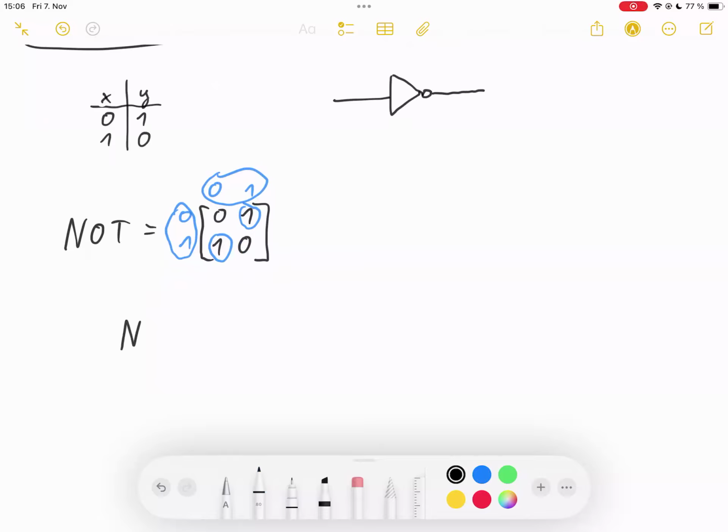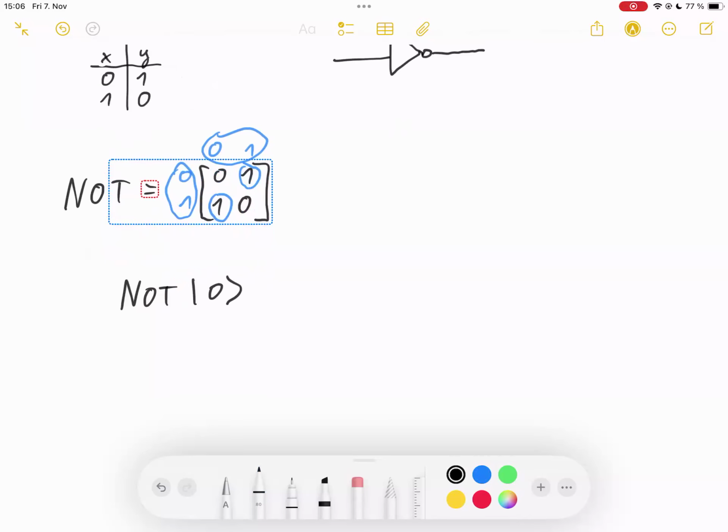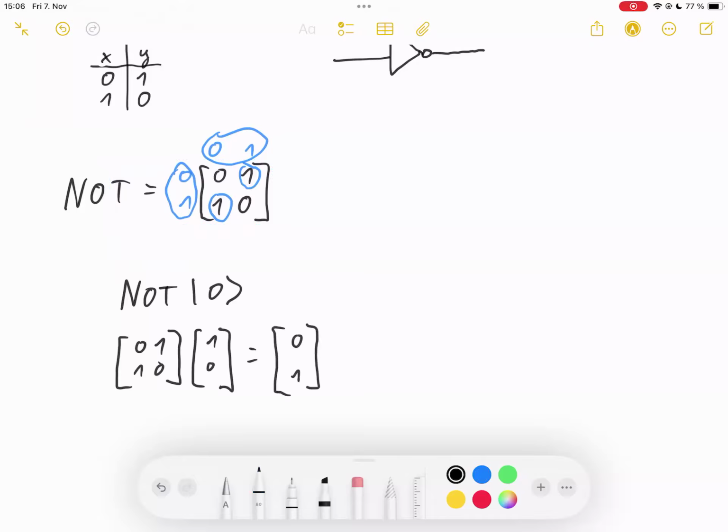What I want is I have a NOT matrix and my state is a 0 ket. So far it's just purely binary states, but later we switch to quantum states with different gates. So I have my NOT gate, which is a matrix 0, 1, 1, 0. And my 0 ket is 1, 0. And then if I have this matrix and multiply the vector from the right, what I will get is just 0, 1, because I have this 1 here.